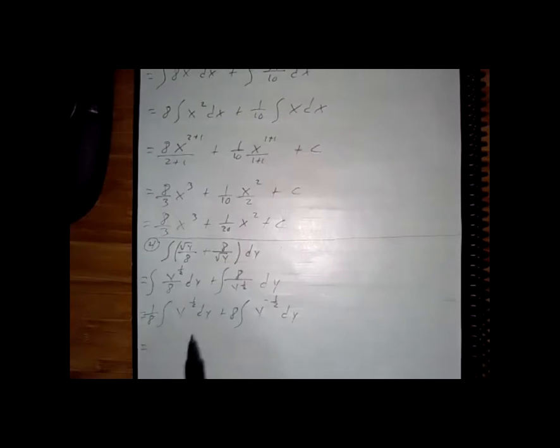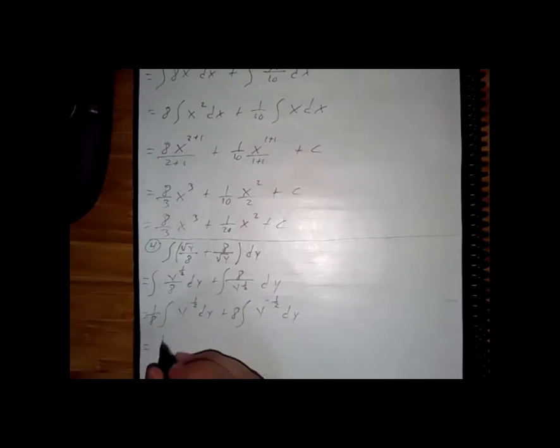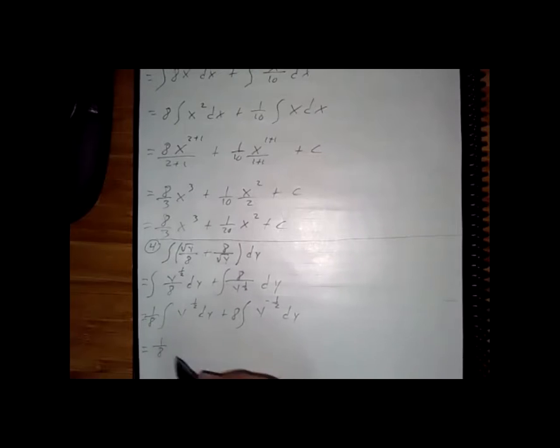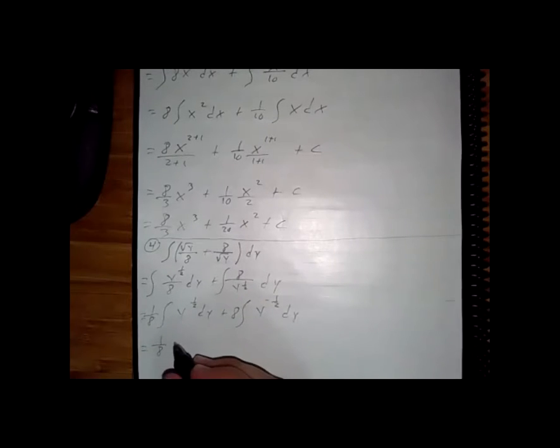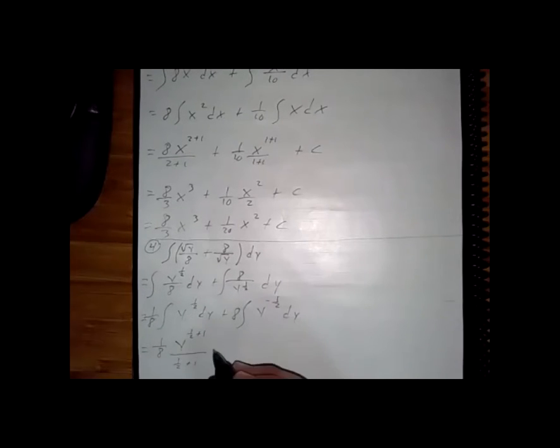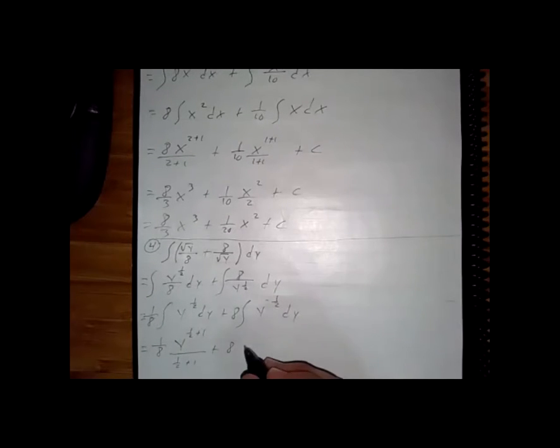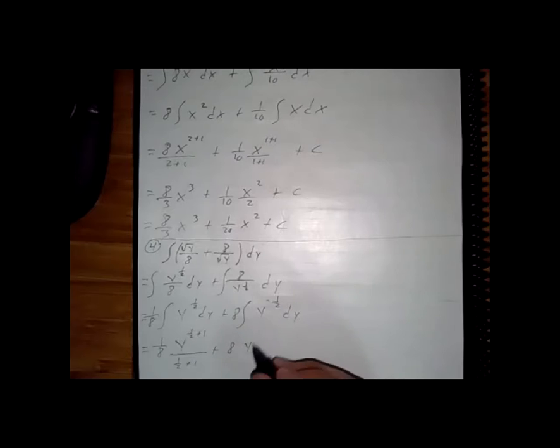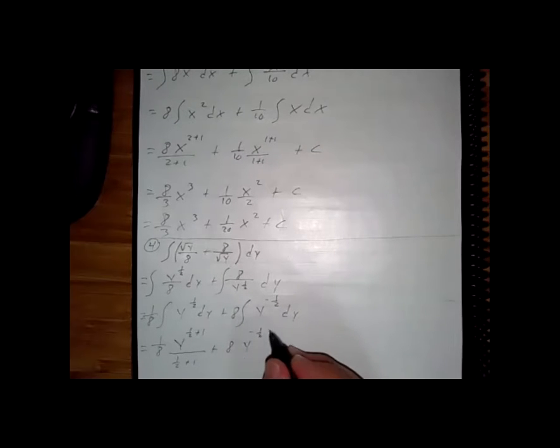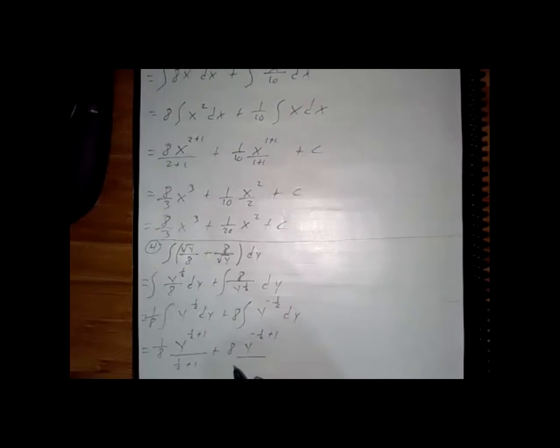So at that point, you just integrate each piece. And we get y to the 1/2 plus 1 over 1/2 plus 1, plus 8 to the 1 times y to the negative half plus 1 over negative half plus 1.